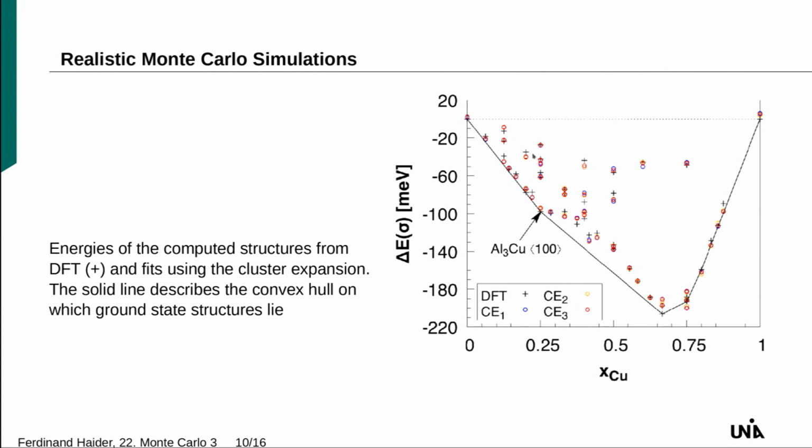So these are all the values for all these intermetallic phases which were studied here. And here you have different points, blue circles, yellow circles, red circles, which all correspond to one particular cluster expansion. So a set of these values, J1, J2, and so on.